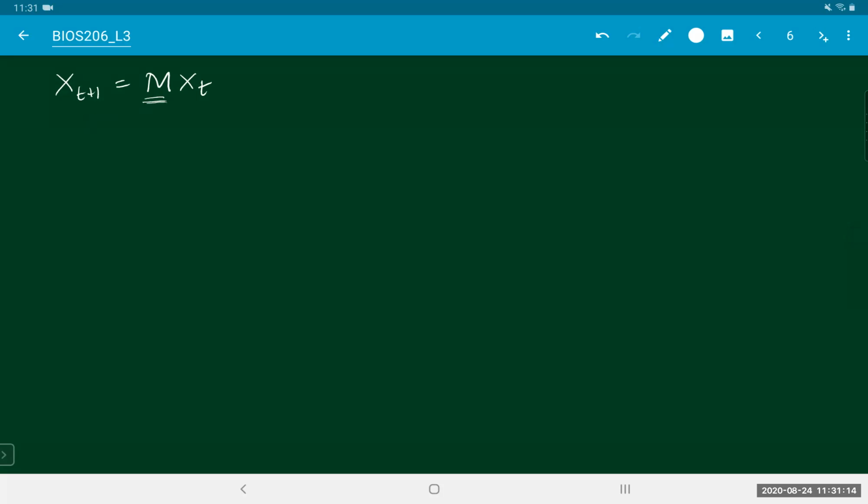Why is this useful? Now, what if I ask you, what happens in the next generation? What happens in t+2? Then you can once again say, now this is going to be M times xt+1. But xt+1 is M times xt. So this is M square xt.